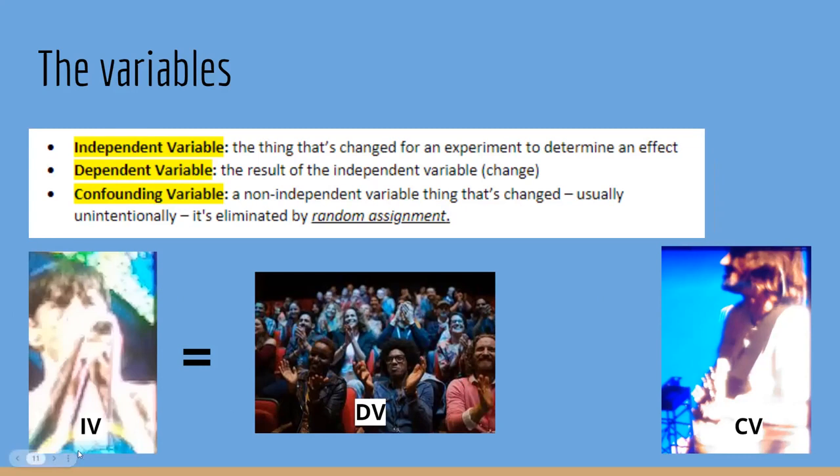So you might think that, oh, because of Anthony Kiedis, the audience is clapping. But you might not think about the confounding variable of John Frusciante. That might also affect why they're clapping. Maybe they like what he's playing on the guitar. So that is something that researchers might not have thought of. That's another thing that could change what happens here.